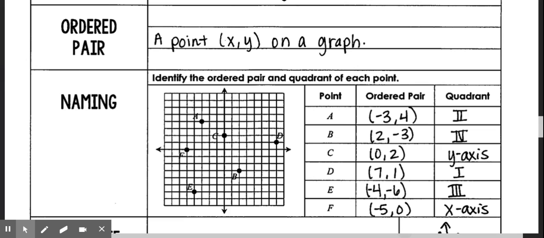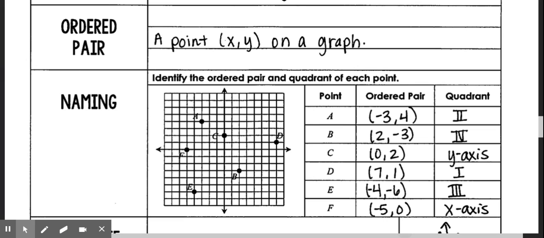C, you always start at the origin. We do not go left or right, so x is 0, and then y would be 2. That's right on the y-axis. D would be over 7 to the right and up 1, so the point 7, 1, and that is in quadrant 1.